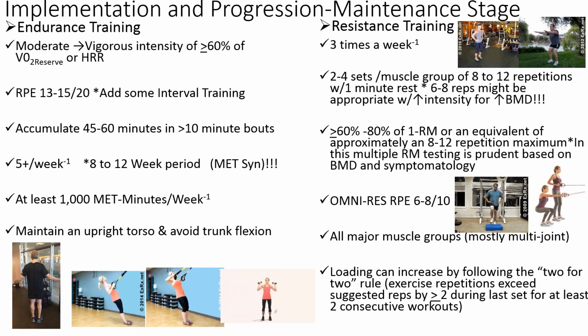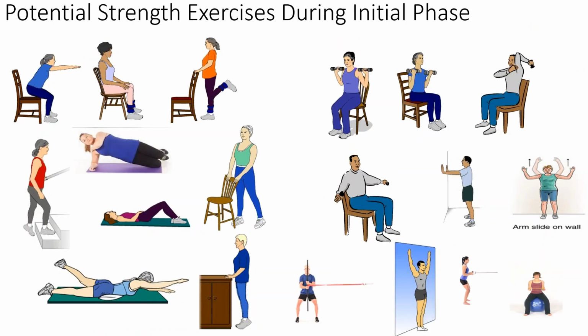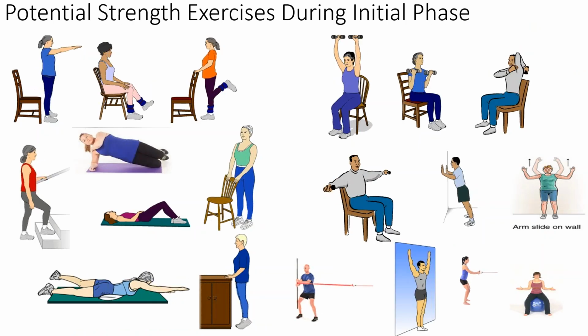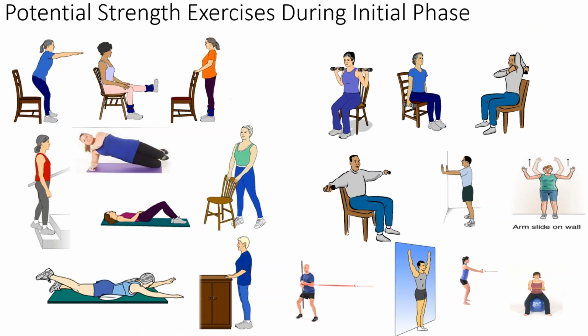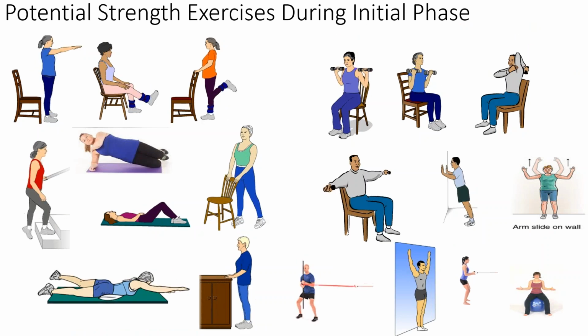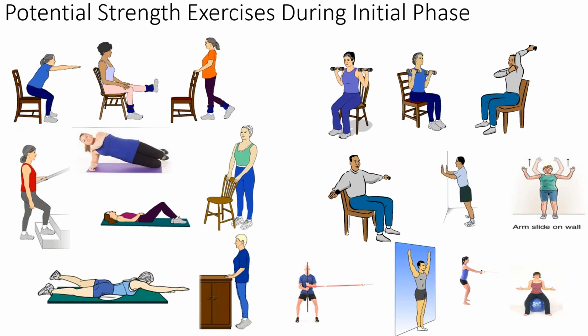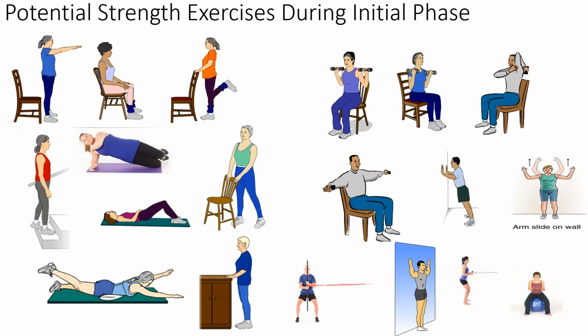But let's go back now to this slide. And what you'll see here is that these are safe. There's truncal support here. There is an emphasis on keeping the trunk in an upright position. And the exercises primarily are fostering a position where she's not doing much flexion. Monica won't do a lot of flexion.